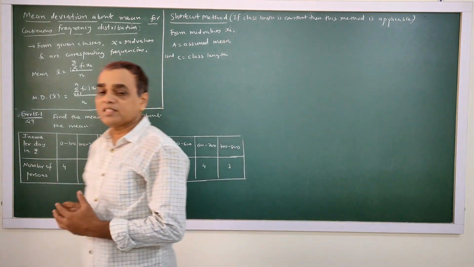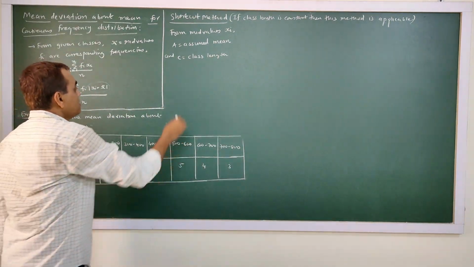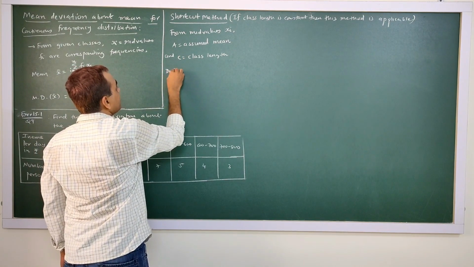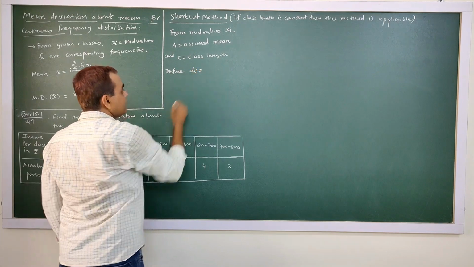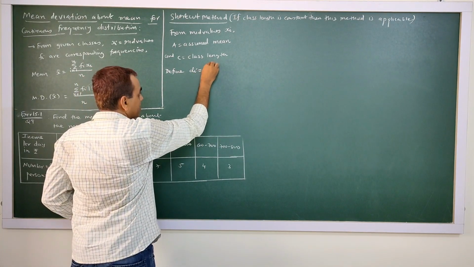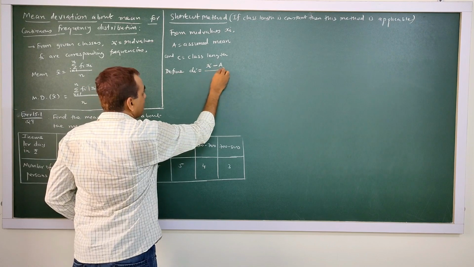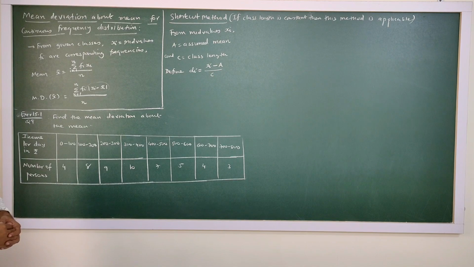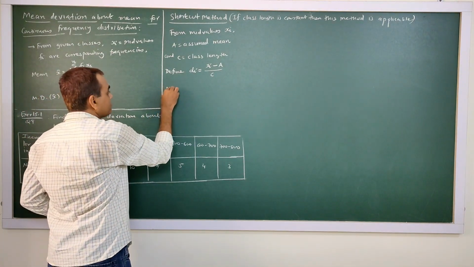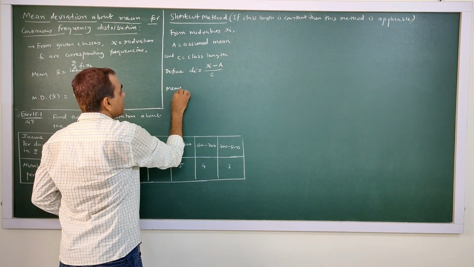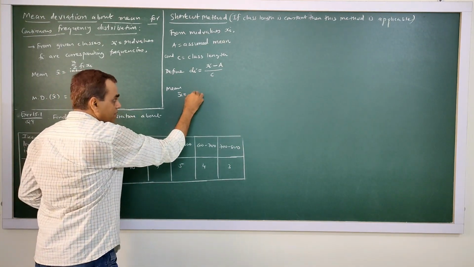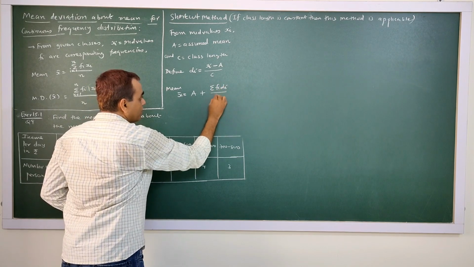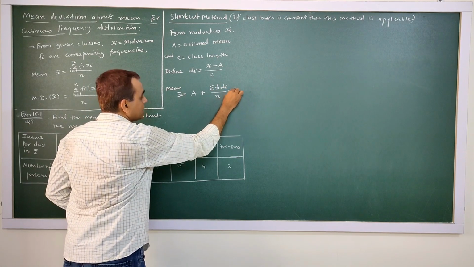So in this question, class length is constant. Then we define di is equal to xi minus a upon c. And mean x bar is a plus sigma fi di upon n into c.